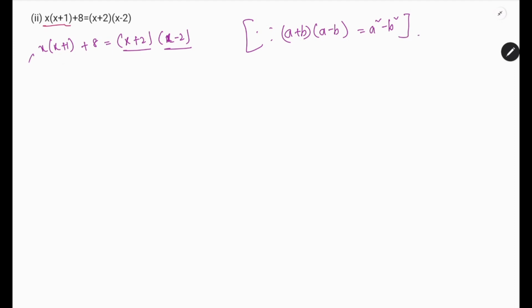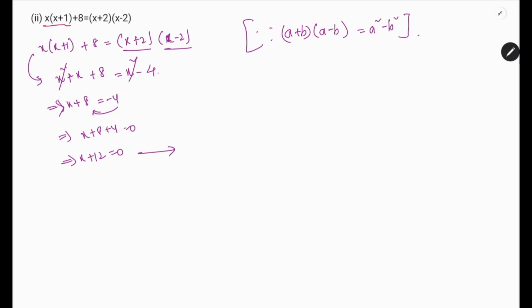When you solve this one, it is x square plus x plus 8 equal to x square minus 2 square, which is 4. Okay, x square gets cancelled. Here x plus 8 equal to minus 4. Bring minus 4 to the left side. It will be x plus 8 plus 4 equal to 0. That is x plus 12 equal to 0.